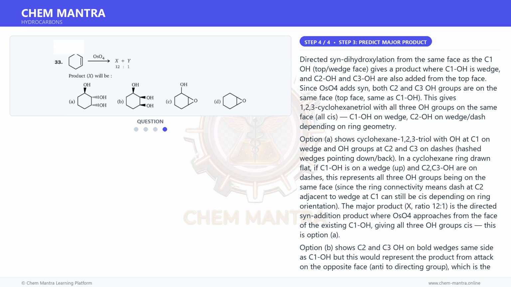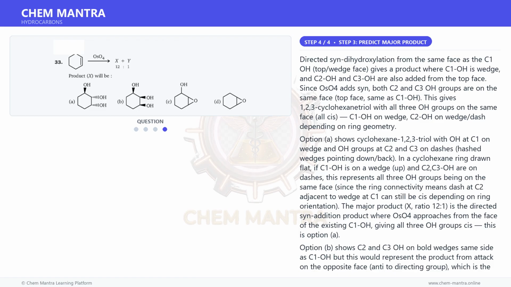Option A shows cyclohexane-1,2,3-triol with OH at C1 on wedge and OH groups at C2 and C3 on dashes, hashed wedges pointing down, back. In a cyclohexane ring drawn flat, if C1 OH is on a wedge, up, and C2, C3 OH are on dashes, this represents all three OH groups being on the same face, since the ring connectivity means a dash at C2 adjacent to a wedge at C1 can still be cis depending on ring orientation.